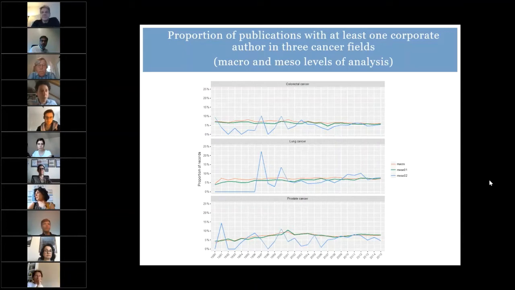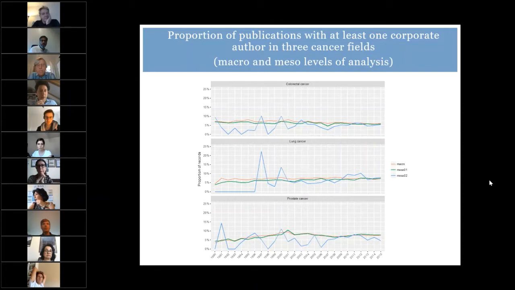There's more peaks and troughs because the data is more lumpy. There's many fewer publications in that area. But overall, it's kind of showing a similar thing, which is that overall the proportion of industry co-authorship is relatively stable over time.